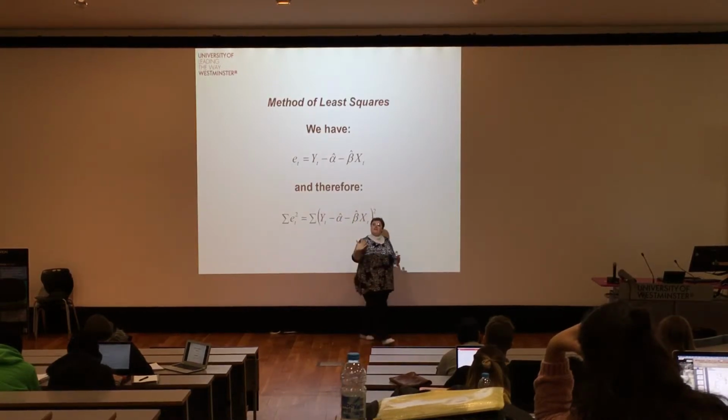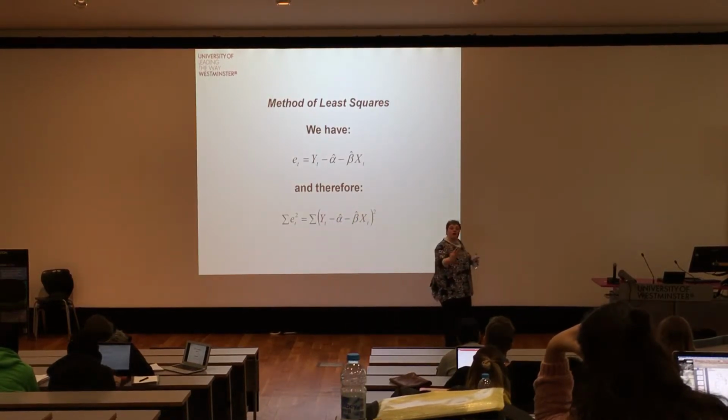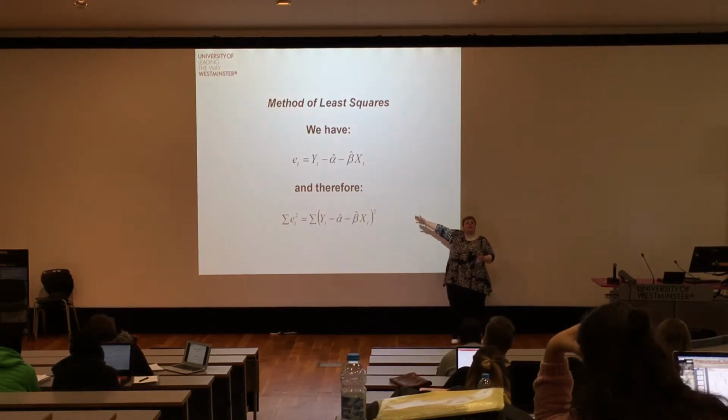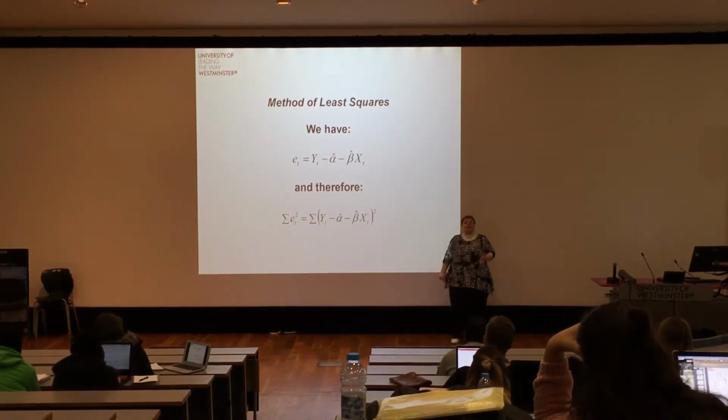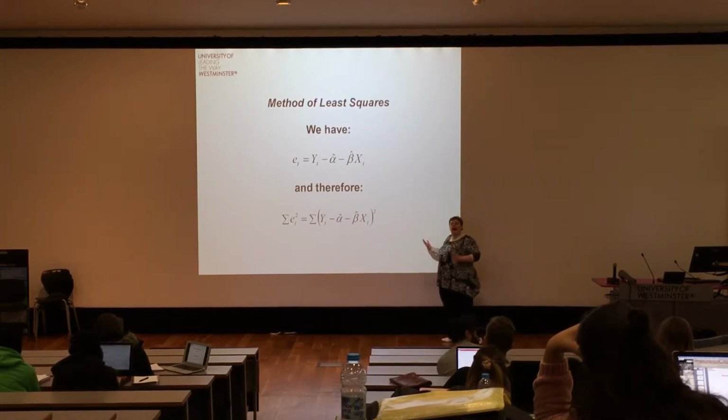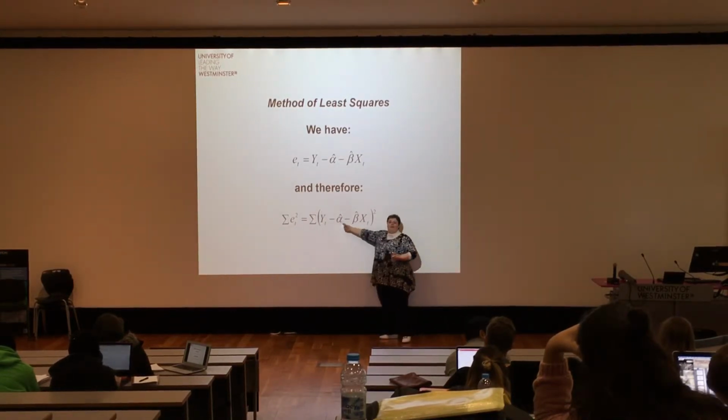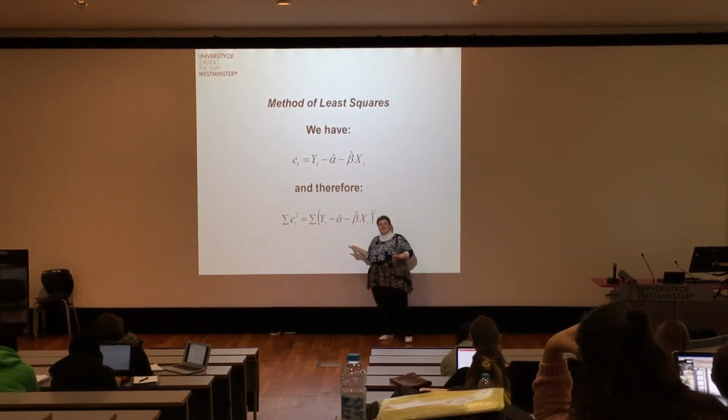Guys, this doesn't need to scare you, because for this ordinary least squares method, there is a formula to calculate alpha and beta. So you don't need to do maximization, minimization, and other things. There is a compact formula to calculate alpha and beta.